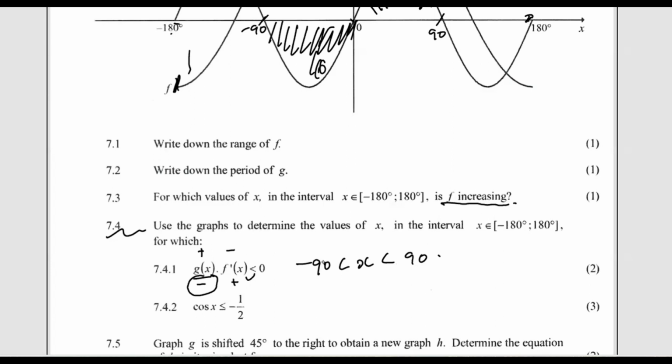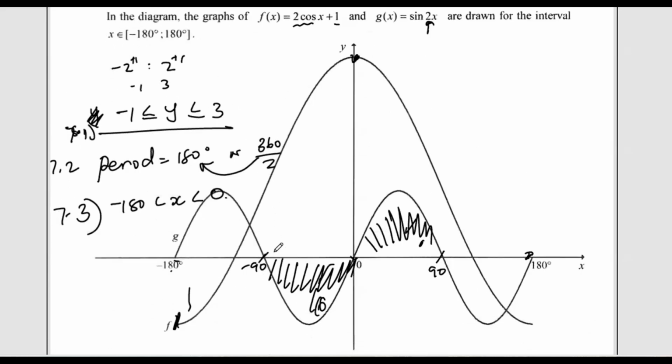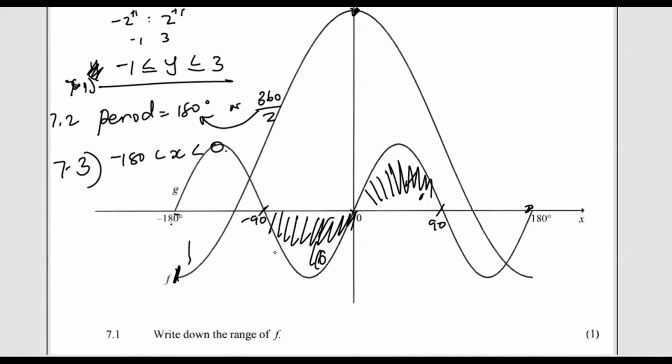7.4.1. Then 7.4.2, where do we find the cos of x to be less than or equal to negative a half? Now, we're looking at the graph of cos, which is the f. So if this is 1, negative 1, we know that negative a half should be somewhere here. We just want the x values. So when you punch that into your calculator, shift cos of negative a half is going to give us 120.